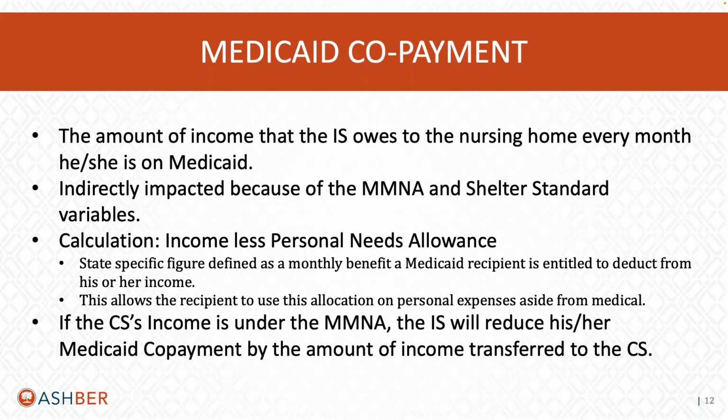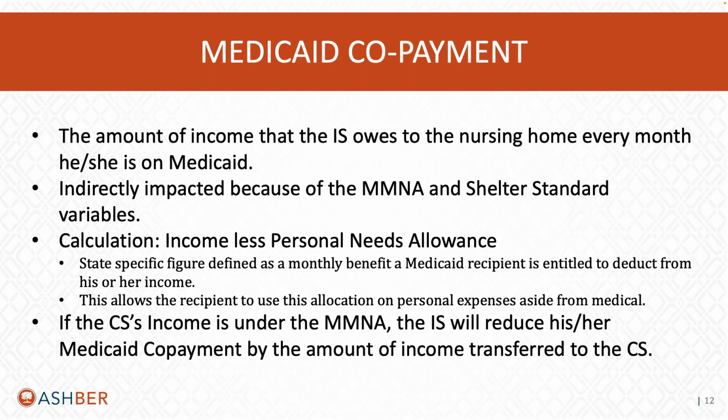Typically, the calculation is just simply taking the Medicaid applicant's income and subtracting things like Medicare Part B premiums, supplemental insurance, and then also the personal needs allowance, or the PNA. That is a state-specific number provided to essentially allot them X amount of dollars per month to spend on their personal care or their non-medical expenses.